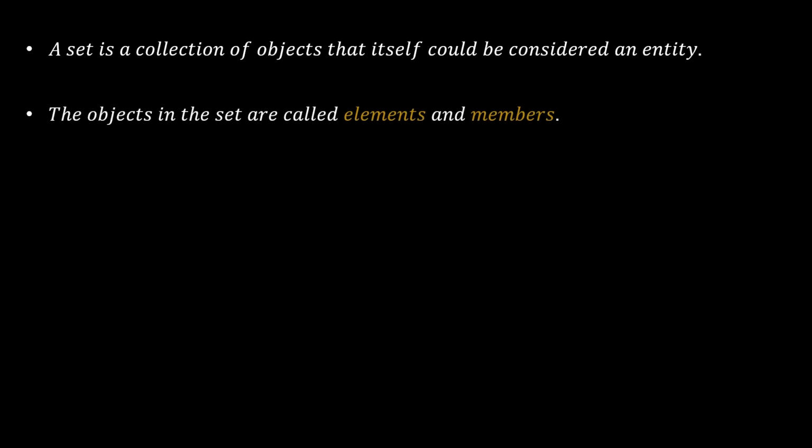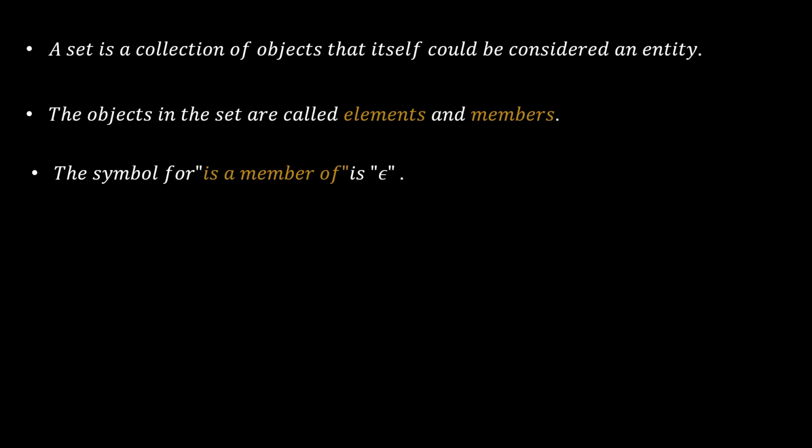So a set is simply a collection of objects that themselves could be considered to be entities. Within a set you have individual items, which we call elements, or some people call them members.